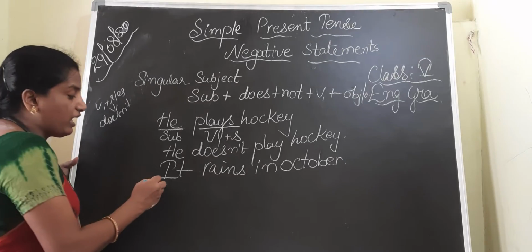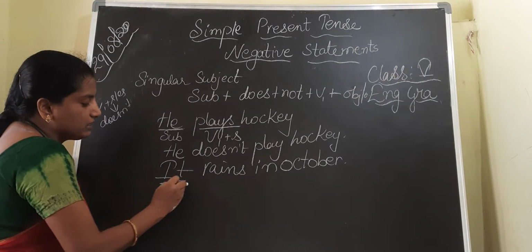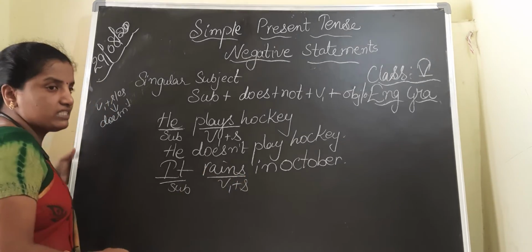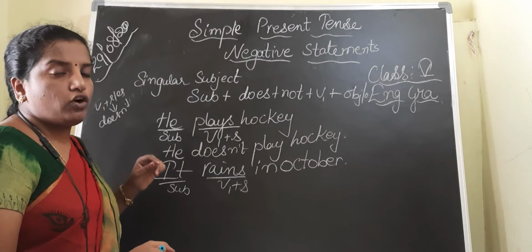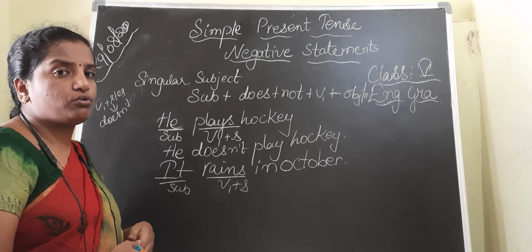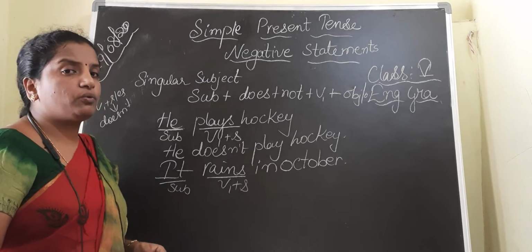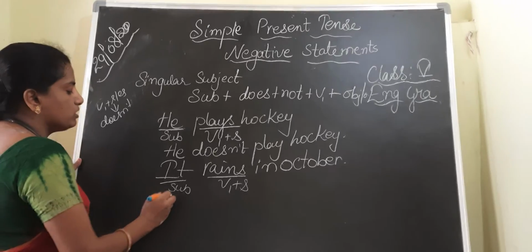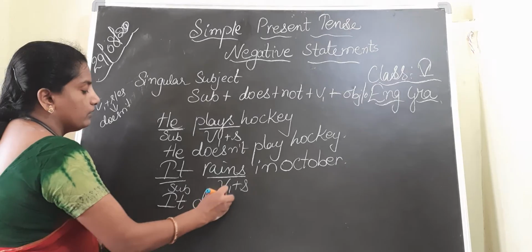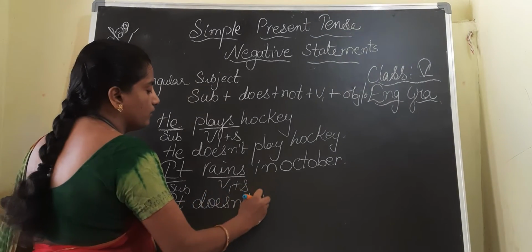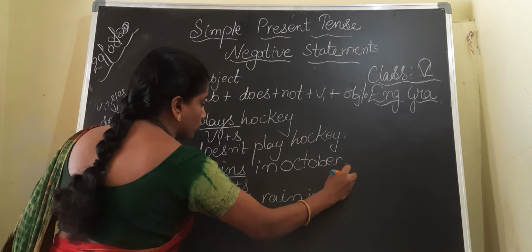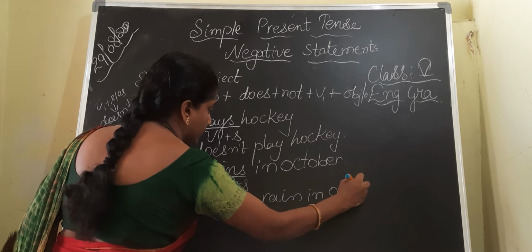What I have told: identify the subject, then identify the verb. Here the verb given to you is V1 with s. Whenever there is V1 with s in the sentence, you have to use does not to write the negative form. So what can we write as the negative form? It doesn't rain in October.